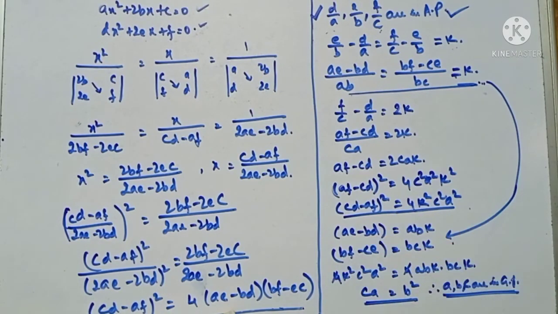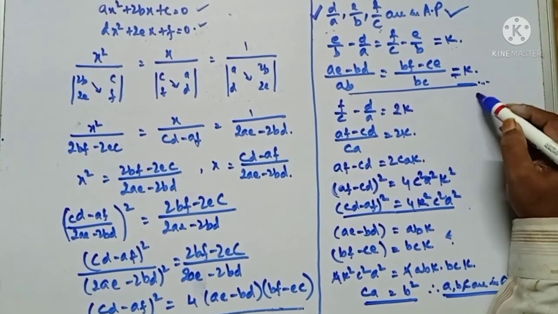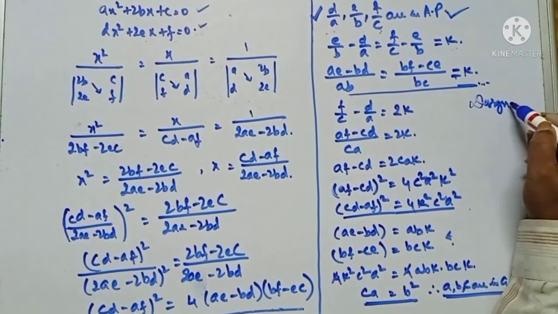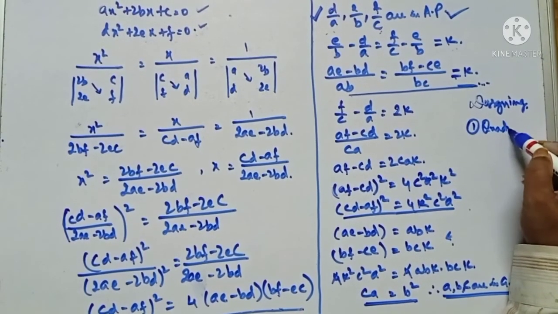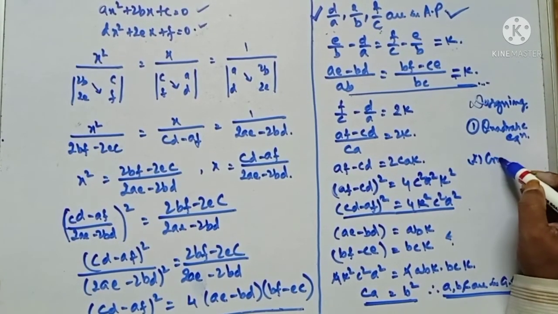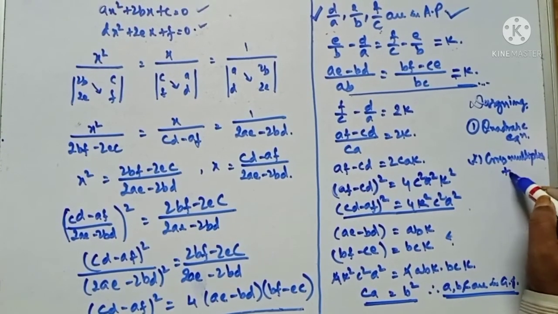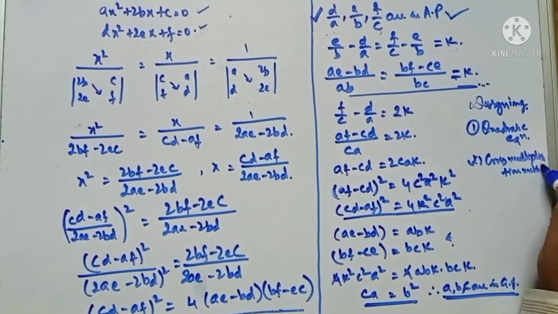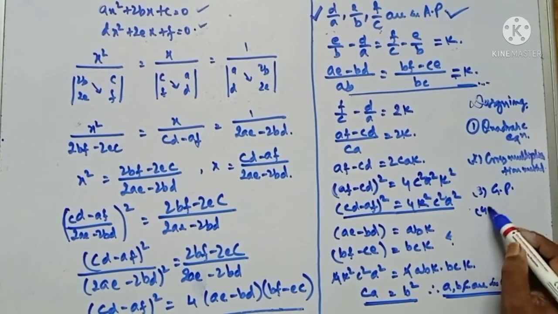What is the interesting point of this question is that in designing this question, they have taken quadratic equations, then second the cross multiplication method, and then third they have used GP, and fourth they have used AP.